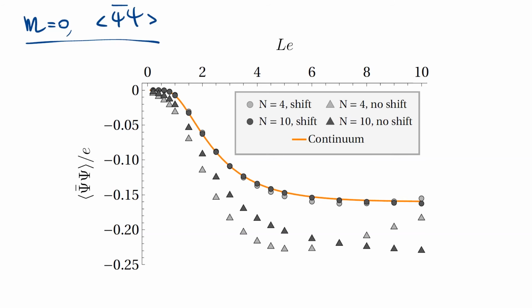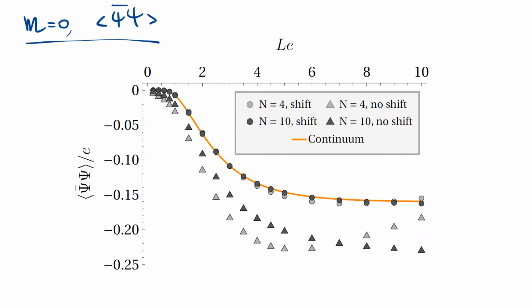If we do the numerics without the mass shift, we have these triangles here, so this is n equal 4, this is n equal 10. Eventually, we'll converge here. If we do the mass shift instead, we're already very well converged at n equal 10. You see, n equal 10 is basically already on the line. So doing this numerics or doing this numerics is the same level of difficulty, but one is smarter because you're using this mass shift. And this mass shift makes convergence much, much faster.